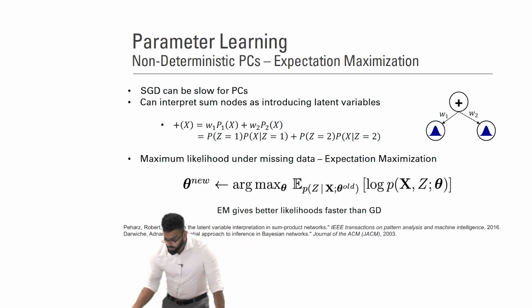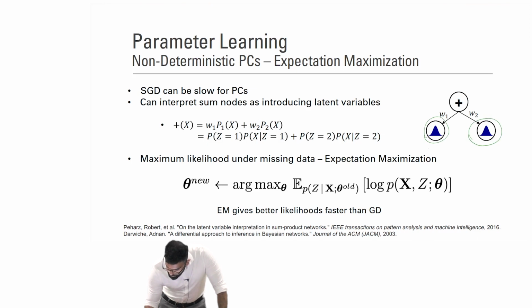Well, you can come up with an interpretation for your sum node. What does a sum node do? It is basically taking a mixture. So you can say that I have two components here, and associated with each sum node, you can introduce a latent variable z, where z equals 1 corresponds to the first component and z equals 2 corresponds to the second component.